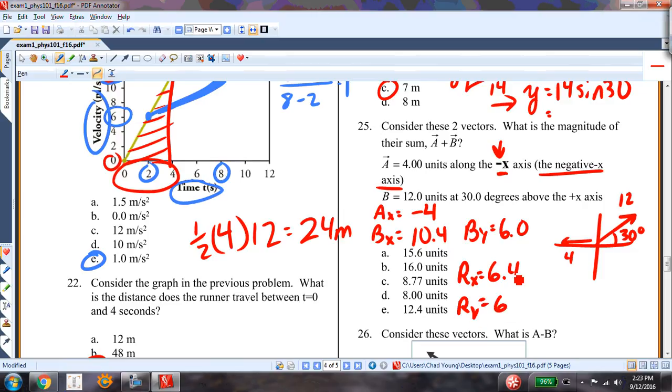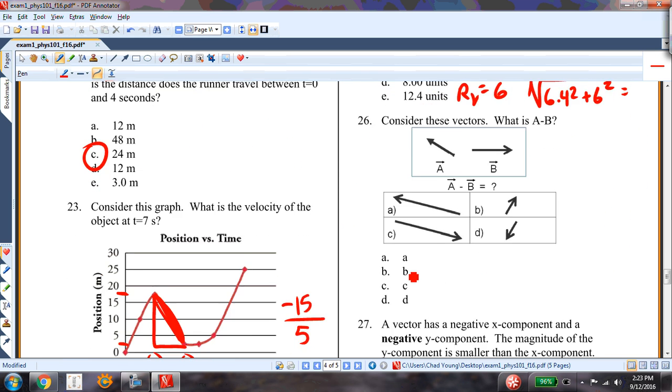Ry is 6. And I'm just looking for the magnitude of the sum. And so I use the Pythagorean theorem. I say 6.4 squared plus 6 squared, actually 6.0 squared. That is 8.77 units. C is the right answer for number 25.